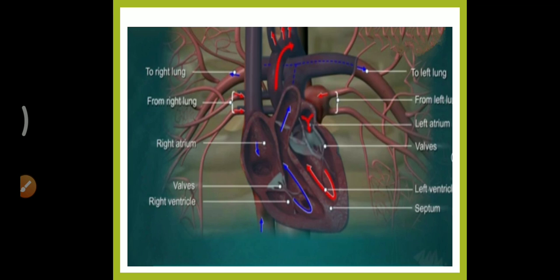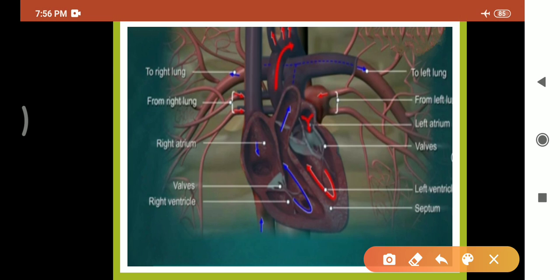So in this picture you see the two flows of blood. Oxygenated blood enters from the left lung, and it comes to the left ventricle.